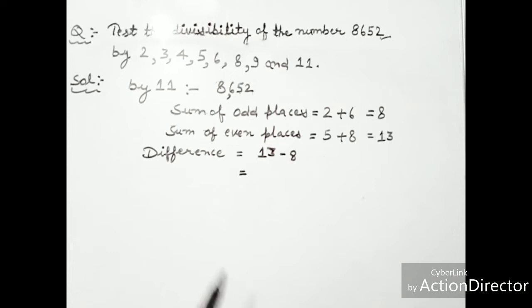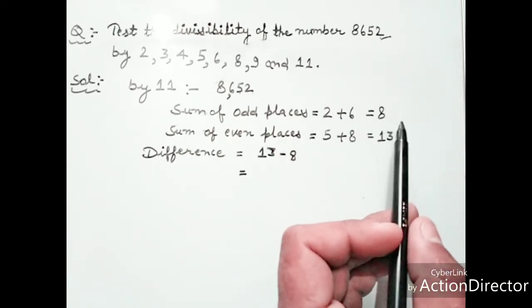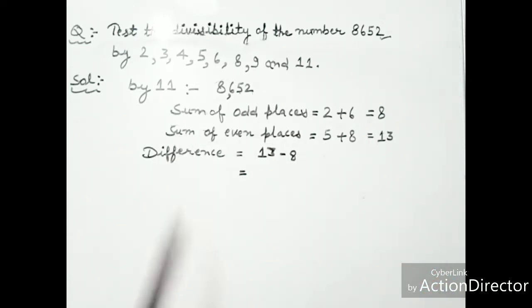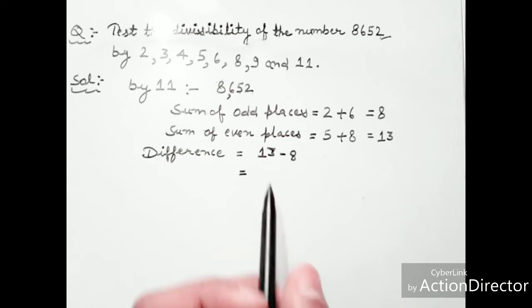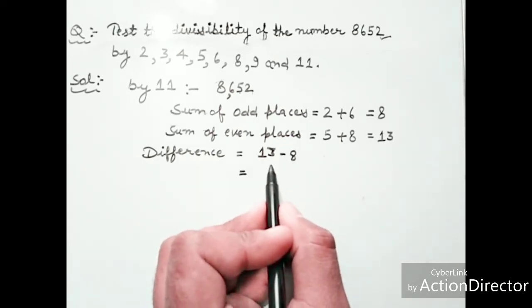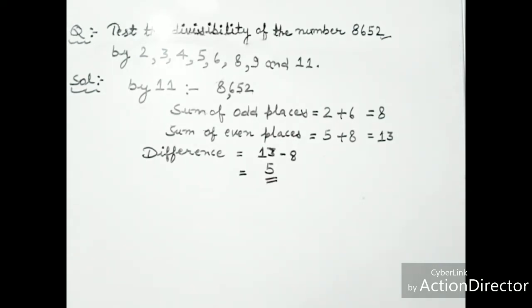Now in this rule, the sum of odd place digits is 8 and the sum of even place digits is 13. So now we find the difference. 13 minus 8, we get 5 here, and 5 is not divisible by 11.